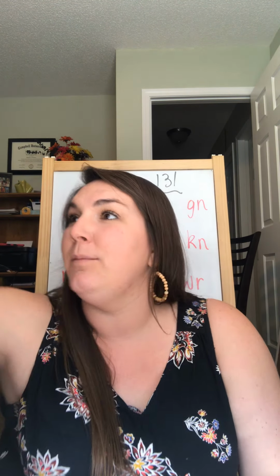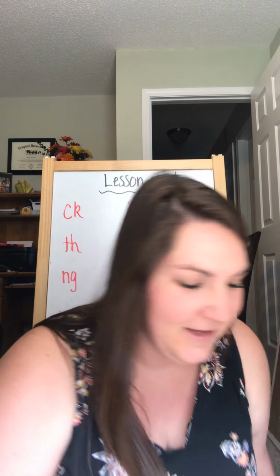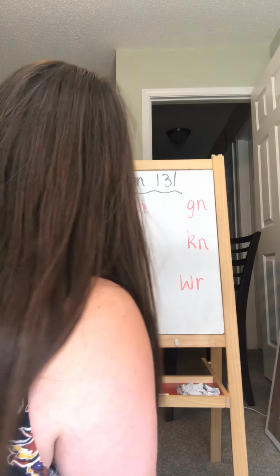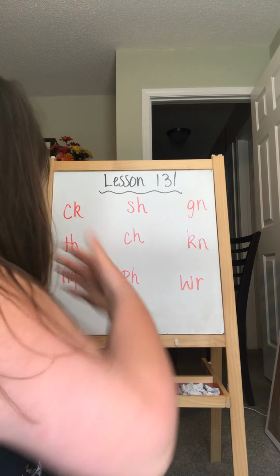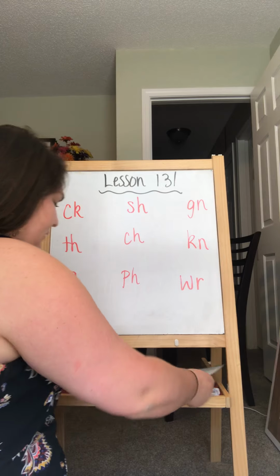Okay, so we don't have the cards and I'm not going to pull them down, but I want you just to see if you remember the keyword pictures. So let's go ahead and get started just for some fun, right? So we have some consonant digraphs up on the board that we're going to do together.